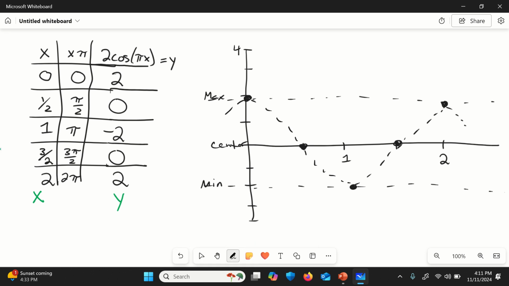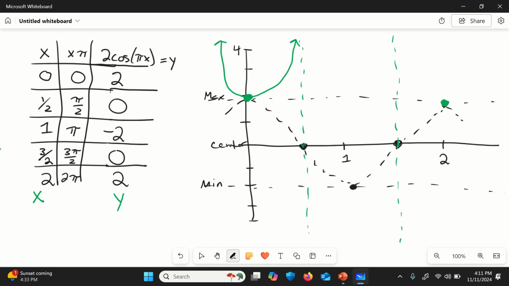Now to graph the actual secant function. Where the guide function crosses the center line, so I have 2 locations where it crosses the center line in this period, that is where we have a vertical asymptote present. So wherever your guide function crosses the center line, you have vertical asymptotes. In between those vertical asymptotes, your guide function is either reaching a maximum value, in which case you should draw that U-shape curve opening up in between the asymptotes.